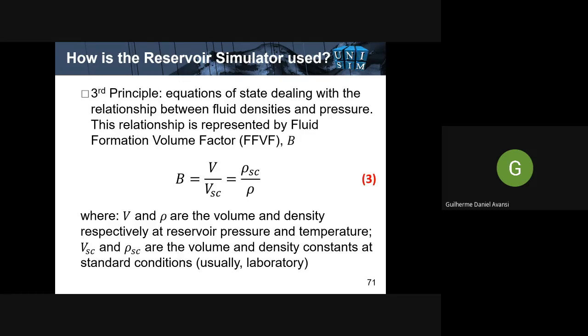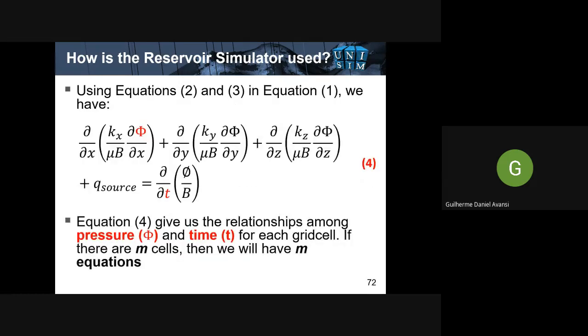Now we can build our general equation. So our general equation relates all the three principles that we presented. With these general equations, we have the general equation for the x direction, for the y direction, and the z direction.